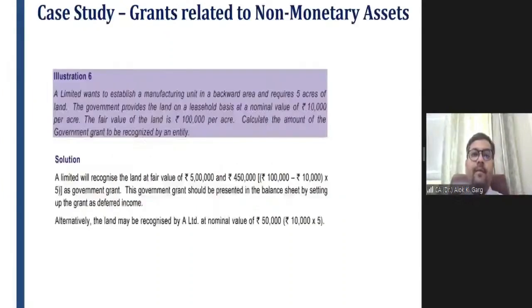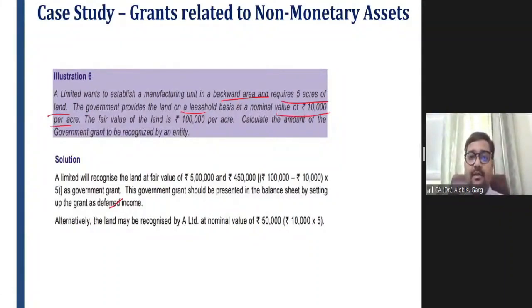Now we'll do a case study on this, then we will have a break of 10 minutes. A Limited wants to establish a manufacturing unit in a backward area and requires 5 acres of land. The government provides the land on a leasehold basis at a nominal value of 10,000 per acre.